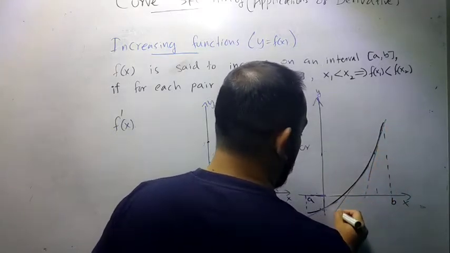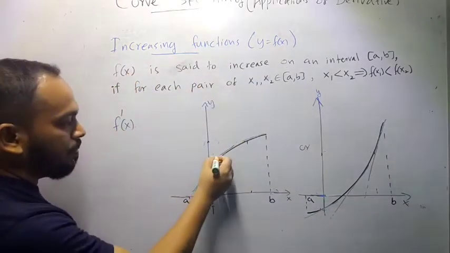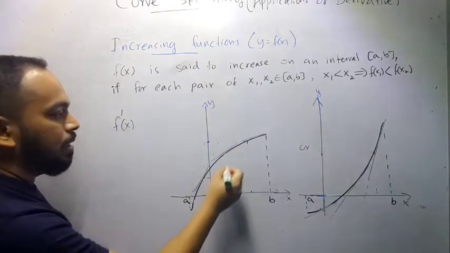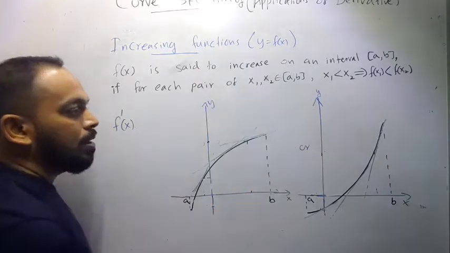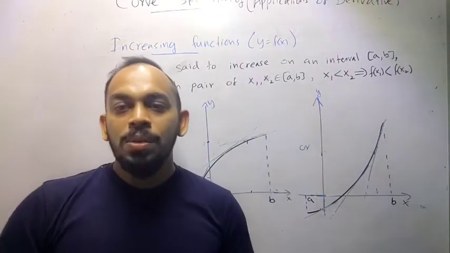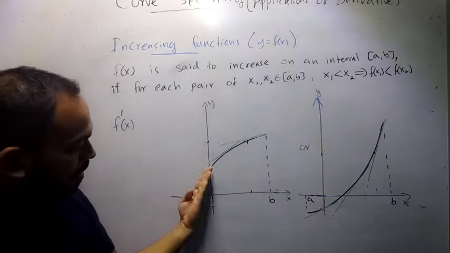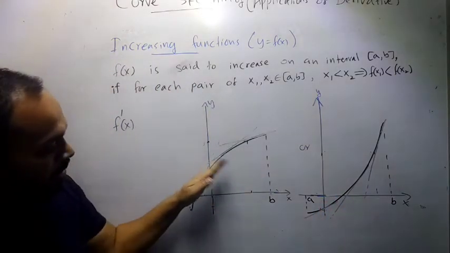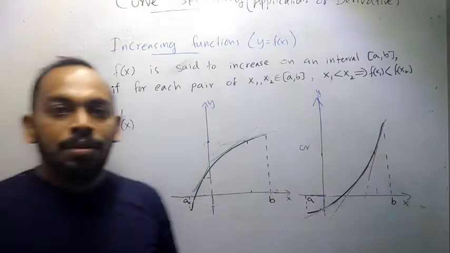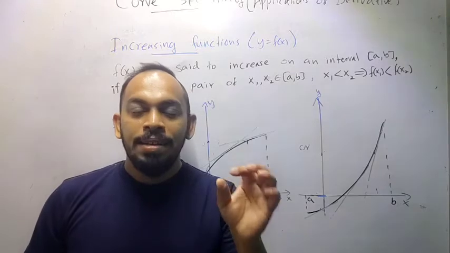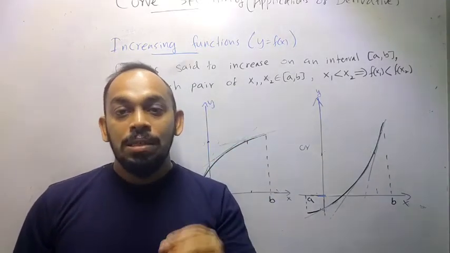Now if we look at this, what can we gather from it? What can we say about the gradient of the tangent line? The gradient will always be positive. If the function increases, you can see the tangent makes an acute angle with respect to the positive x-axis. So our gradient, also known as the differential coefficient or the derivative of the function, is positive.